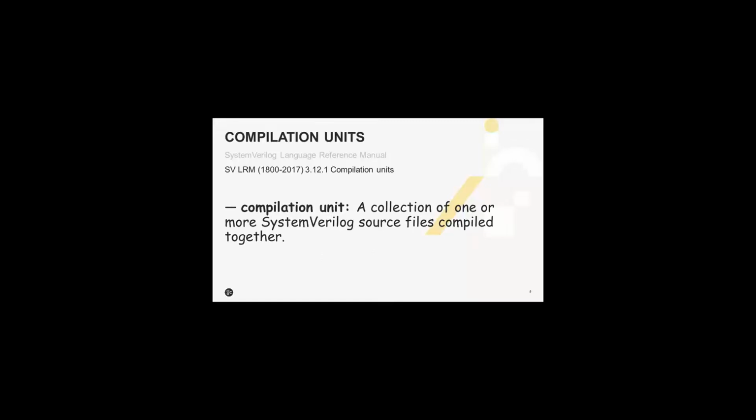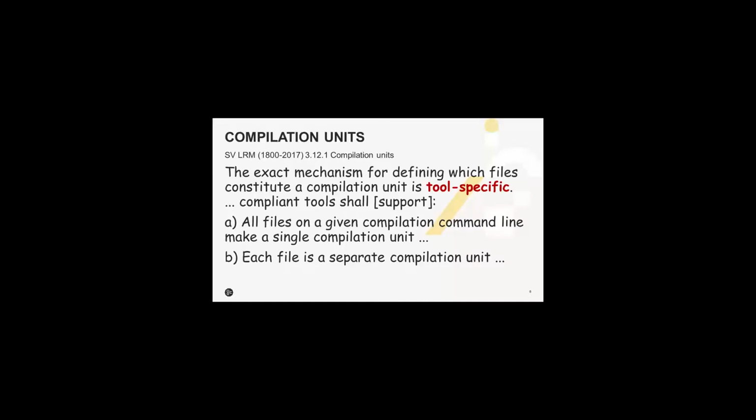Right. So what we're talking about here is compilation units, and the System Verilog Language Reference Manual, the LRM, defines a compilation unit as a collection of one or more System Verilog source files that are compiled together. It goes on to say that the exact mechanism for defining which files constitute a compilation unit is tool specific.